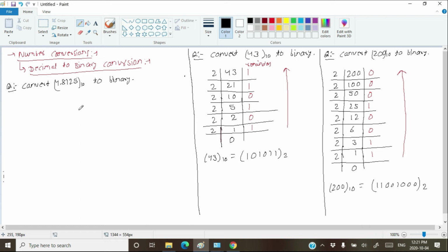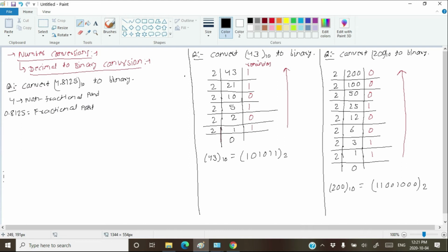So what you have to do is take the fractional part and non-fractional part separately. Okay, so 4 is the non-fractional part and 0.8125 is the fractional part.